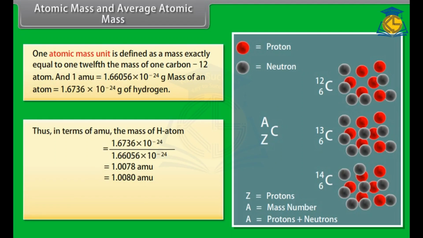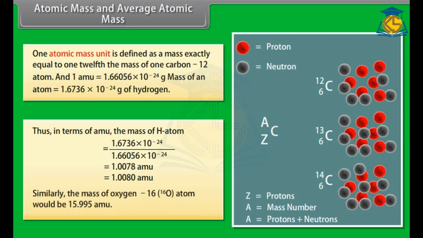Thus, in terms of AMU, the mass of a H atom is equal to 1.6736 × 10^-24 upon 1.66056 × 10^-24, which is equal to 1.0078 AMU, which equals 1.0080 AMU.